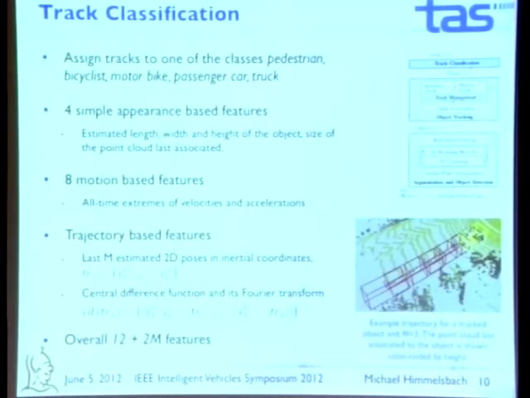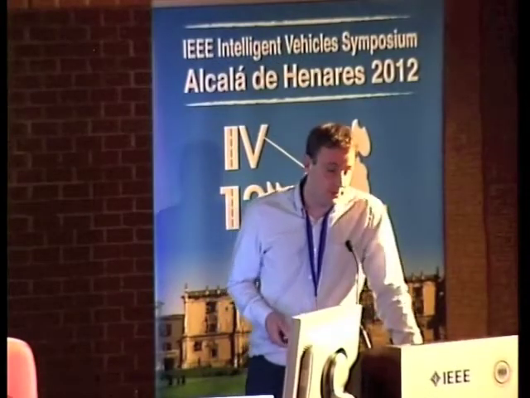From this trajectory, we can compute further features. We are using the central difference function of the trajectory that just relates every pose of the trajectory to the mean pose of the trajectory. And also the Fourier transform of the central difference function is used as a feature, giving us a total of 12 plus 2 times m features for each tracked object.